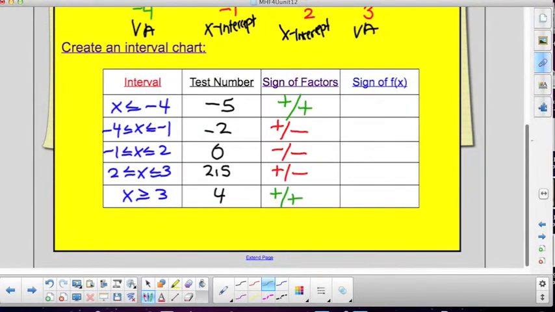So I am expecting my graph to be increasing when x is less than -4. In between -4 and -1, decreasing, then increasing again, then decreasing, and then increasing again.